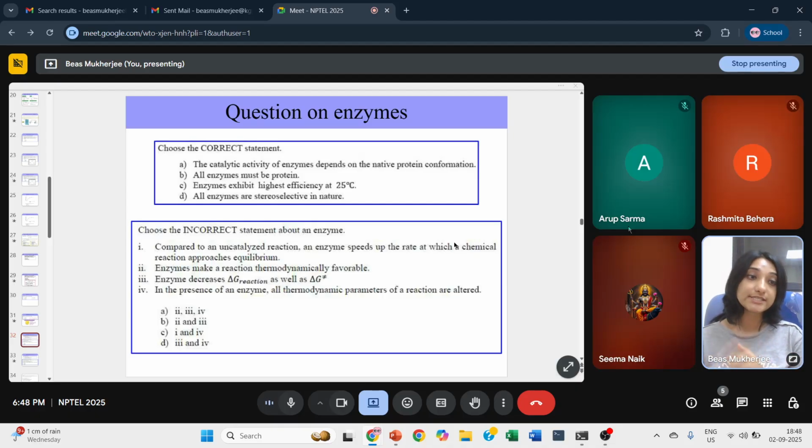Now we will see what this is later on. In the presence of an enzyme, all thermodynamic parameters of a reaction are altered. So now you are going to tell me which of the statements in the first question are correct and which of the statements in the second question are incorrect. You can answer in the chat box.